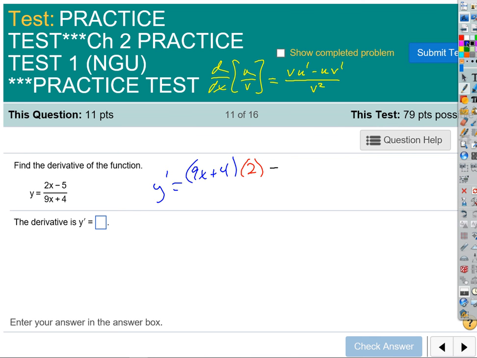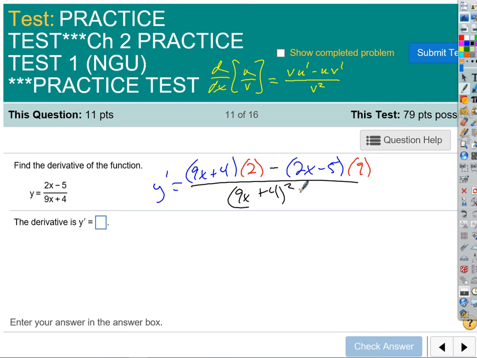And I get u v prime. So u is 2x minus 5, v prime is 9, all divided by v squared. Well, v is just, now, leave this. You don't need to do anything fancy with this, right? On the bottom, and I'll verify this with my answer, but I'm not really interested in having you expand that out. We'd rather leave it factored, right?